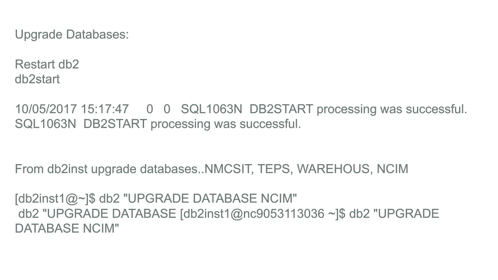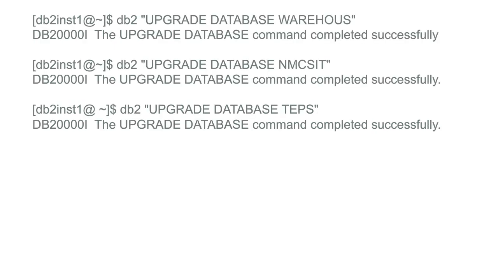And it's just db2 upgrade database and then your database name. In this case, it's NSIM, and then the other databases that I have on here are warehouse, tips and SIT. So you want to go through those and upgrade those as well. And you should get a completed successfully on each one of those.